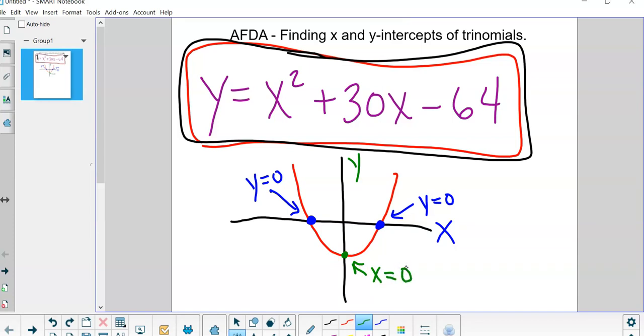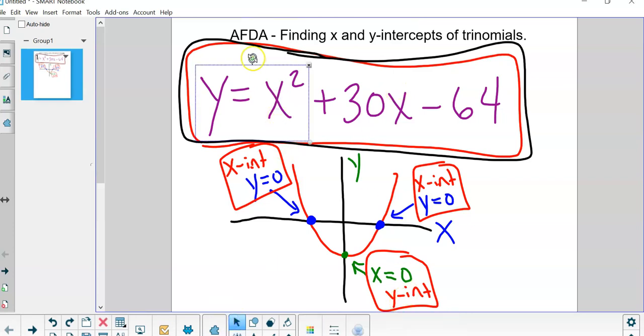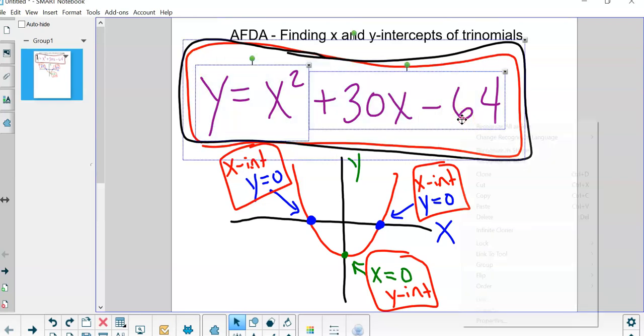So the y-intercept is going to be where x is equal to 0, and the x-intercept is going to be where y is equal to 0. I'm going to take this equation, move it to the next slide, and we're going to find the x and the y intercepts algebraically.